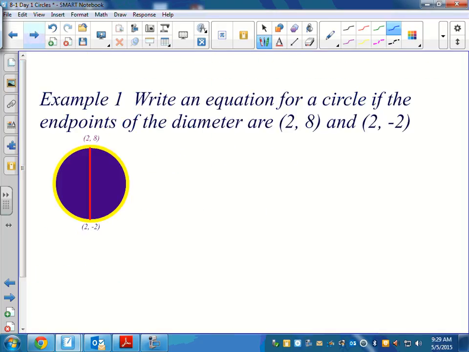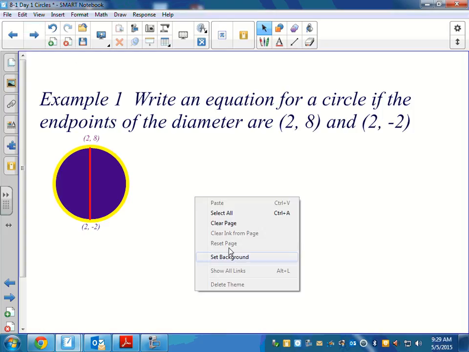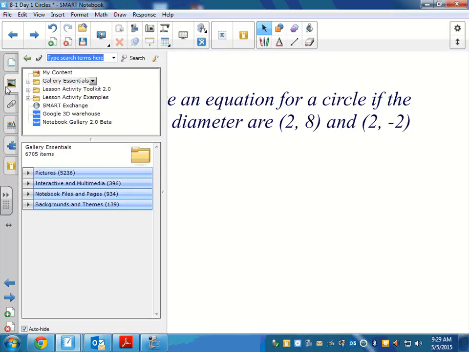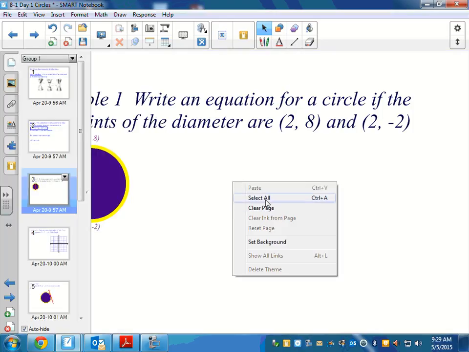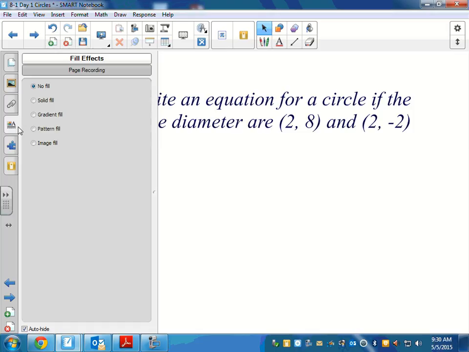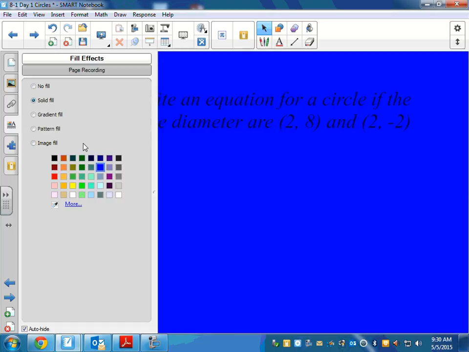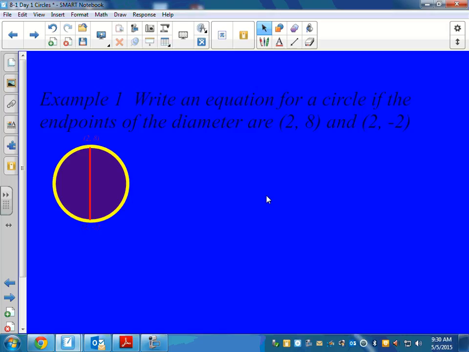Ellipses. Look at this lovely circle. I had this whole background as purple, but that was going to use a whole lot of toner, so I changed it. Hey, you don't pay for the toner. You don't care. The copier's terrible, so it didn't look purple anyway. I wish the background was purple. Solid fill. Change the black back to white.